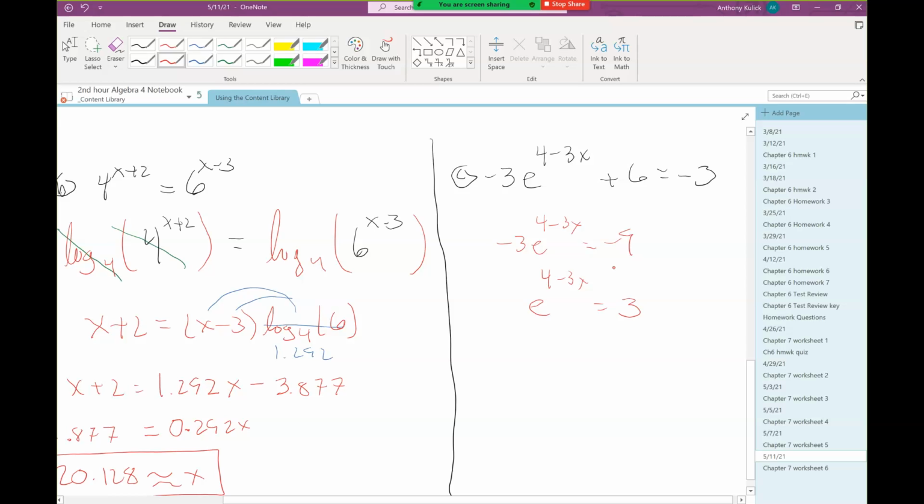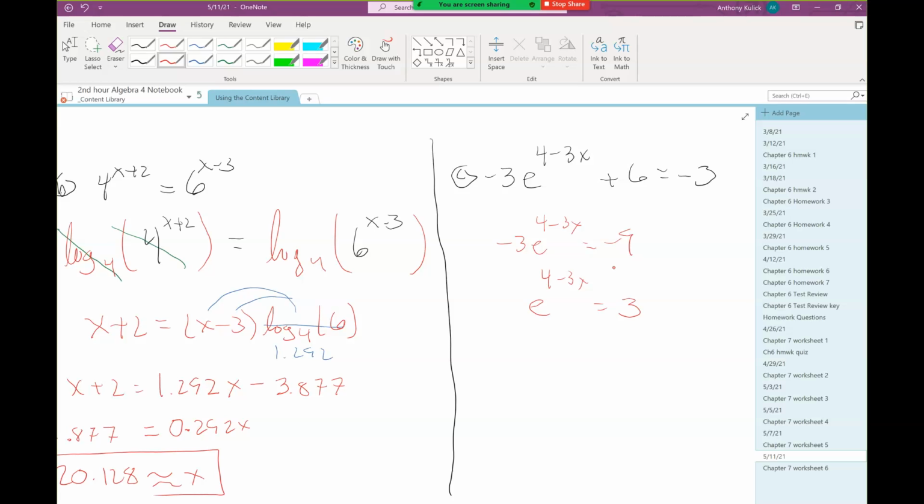Now, just like the previous examples, I could at this point try to rewrite them to have the same exponent base. But in this case where I have e, remember that's a number, that 2.718, yada, yada, yada number from a couple lessons ago. And 3, there's not an easy way to do that, right? So instead, I'm going to do the same thing I did before and use a logarithm.